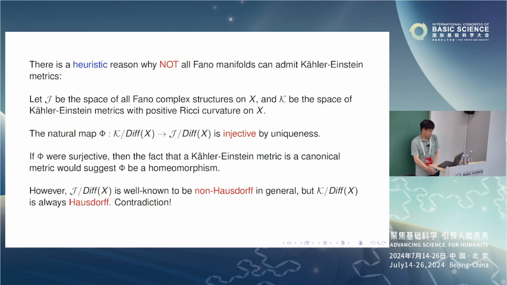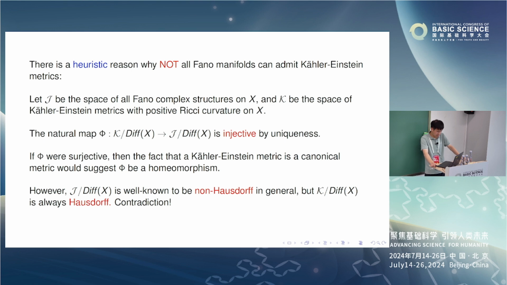You fix a differential manifold, and consider the space J of all Fano complex structures on X, namely the complex structures such that the first Chern class is positive, and denote by K the space of Kahler-Einstein metrics with positive Ricci curvature on X. Of course, if I give a Kahler-Einstein metric, the underlying complex structure is Fano, so there's a map from K to J, and it respects the diffeomorphism group action.